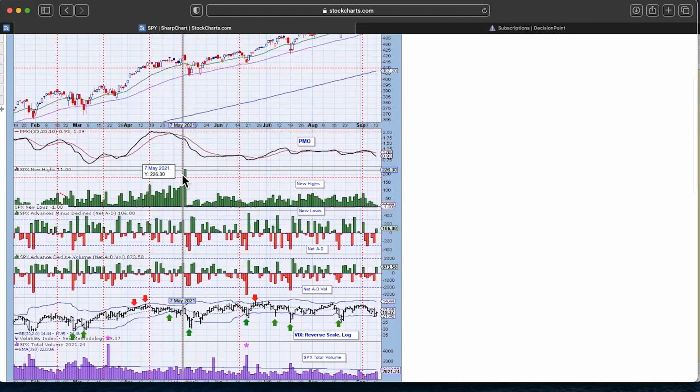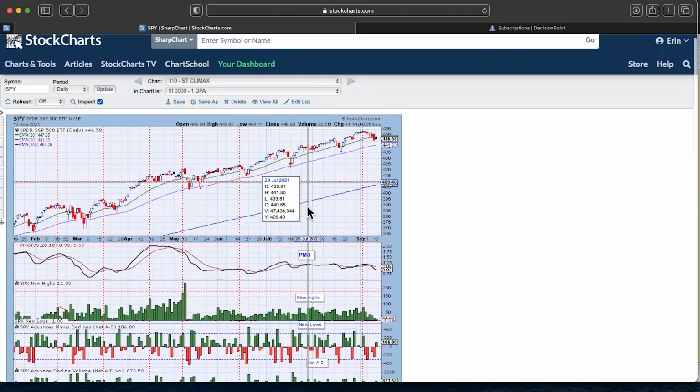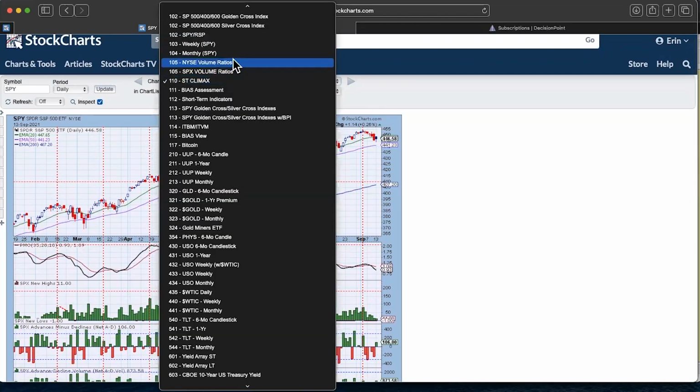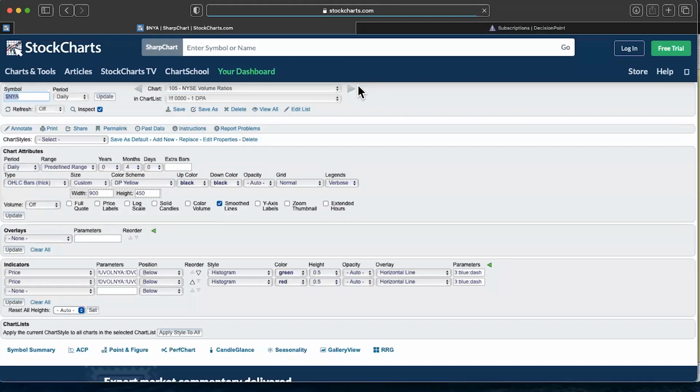So we're looking for those pops in new highs, those pops in breadth, and then we want to look for what's happening with the VIX, maybe what's happening with the PMO could be helpful as well. And then once we've figured it out on our Climax chart, we go to the volume ratios as a confirmation.